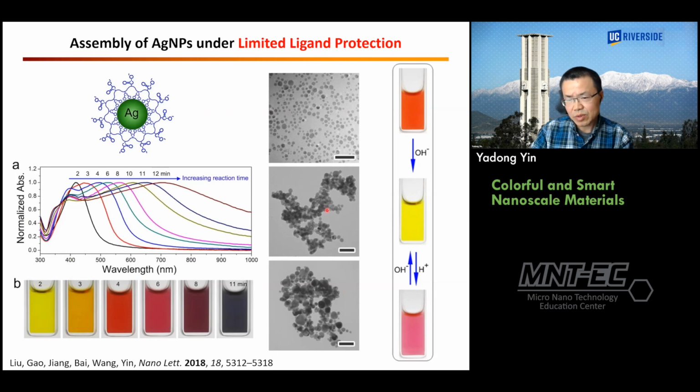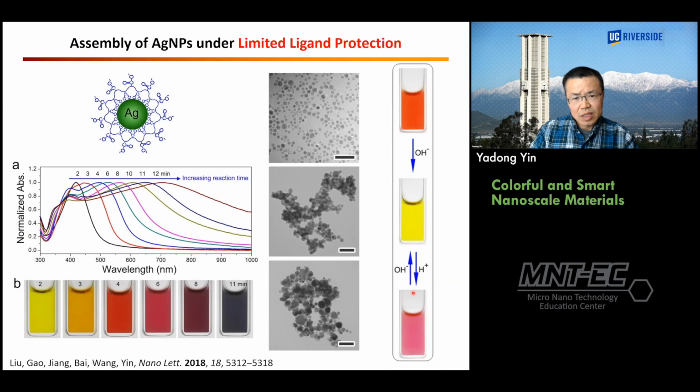So this aggregation will break up and go back to the isolated particle situation, and then you get this yellow color. If you add acid, you protonate the acid group and lose charges, and then these particles start to aggregate again.